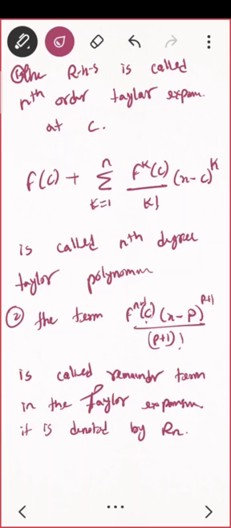There are some more forms, Cauchy form and integral form, which you will learn later on in your third year. But here you have this form, called Lagrange's form, the simplest one.